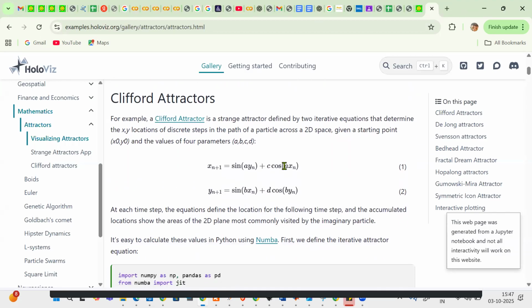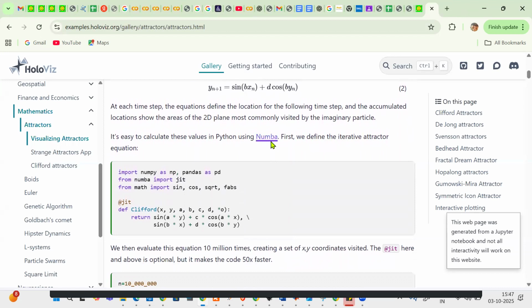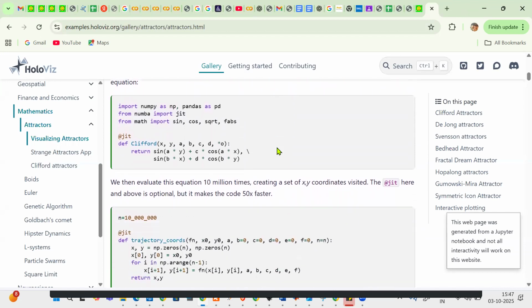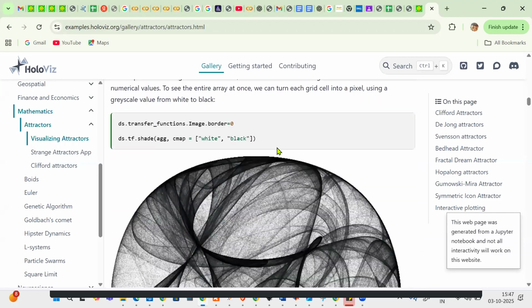You cannot have only x squared terms; you can still have sinusoidal terms. Here they are using NumPy in Python to compute this. Very interesting attractor you are going to see.